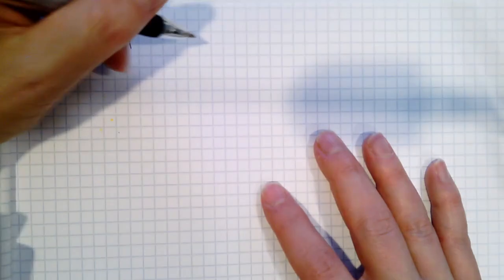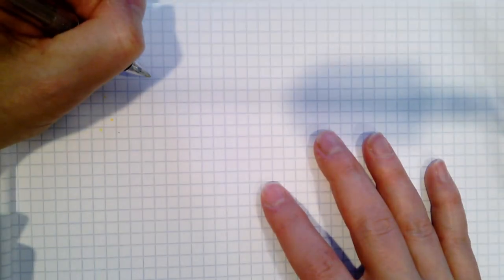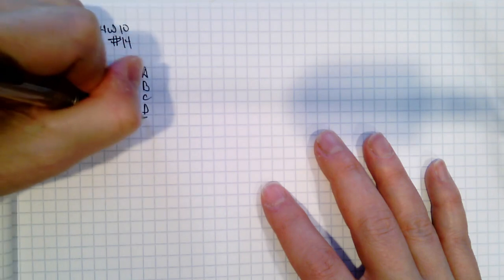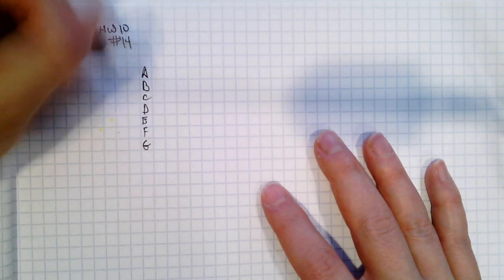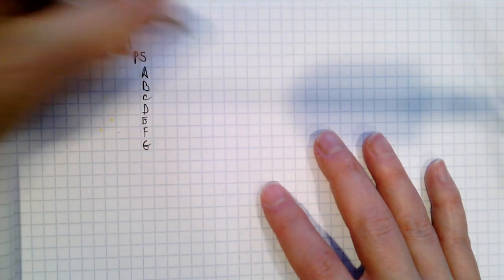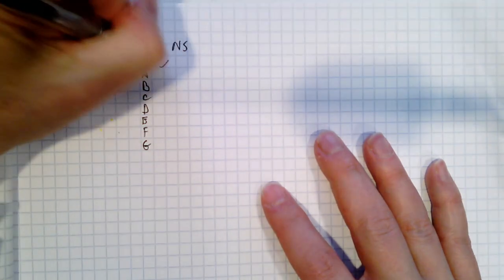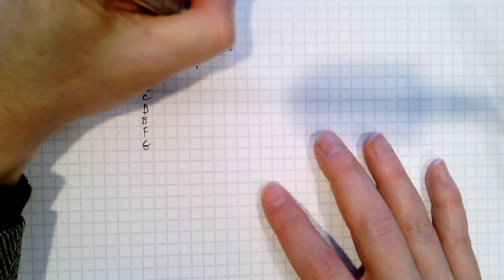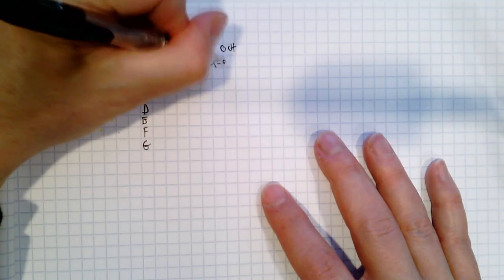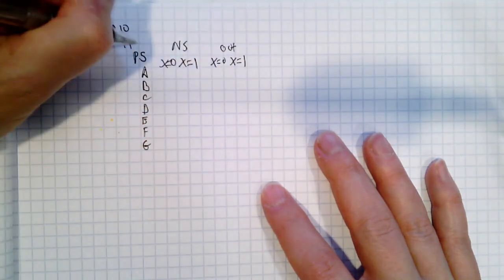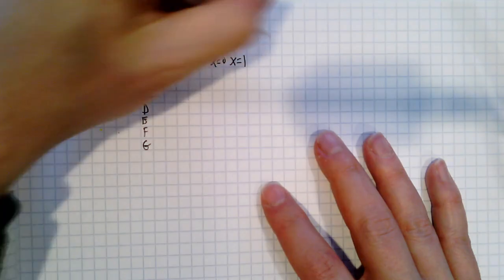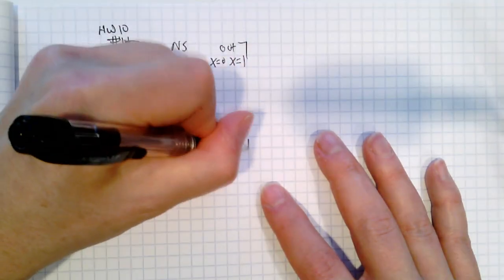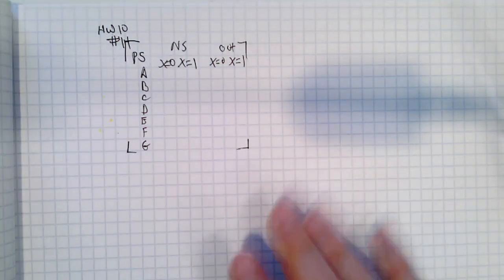So we got A, B, C, D, E, F, G. A, B, C, D, E, F, and G. That is our present state. And for our next state, we'll have x equals 0 and x equals 1. And for our output, this is going to be a Mealy machine now, we'll have x equals 0 and x equals 1. And so what we'll do, I want to try and frame this nicely so that my lines will fit properly. So let's do that.